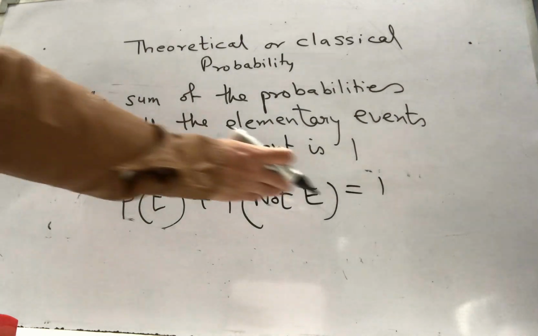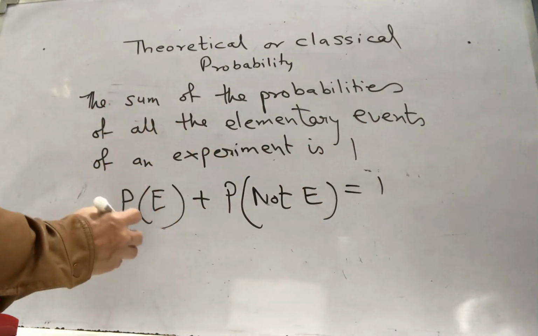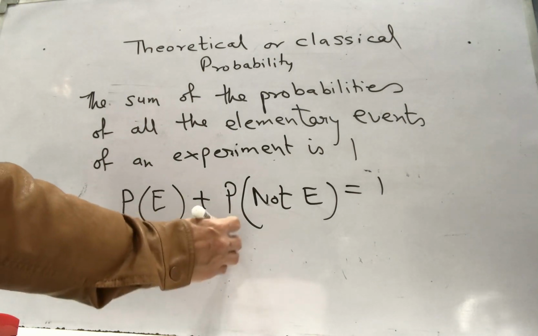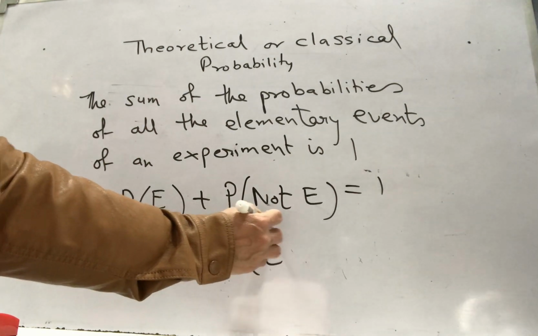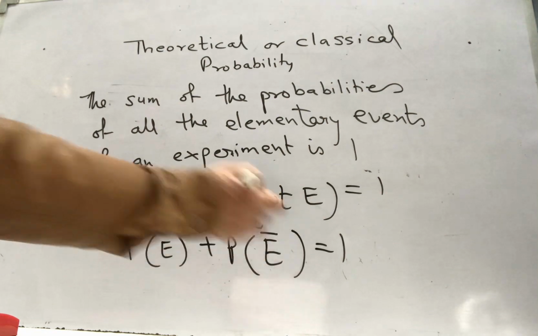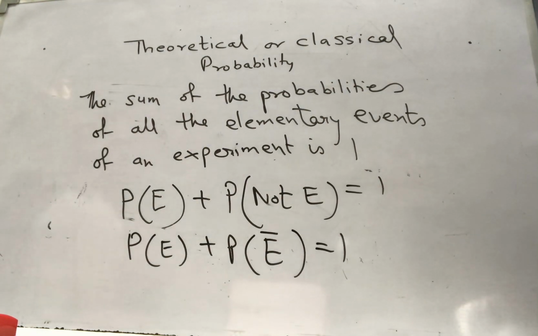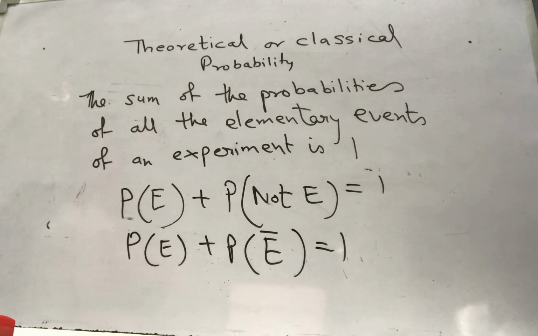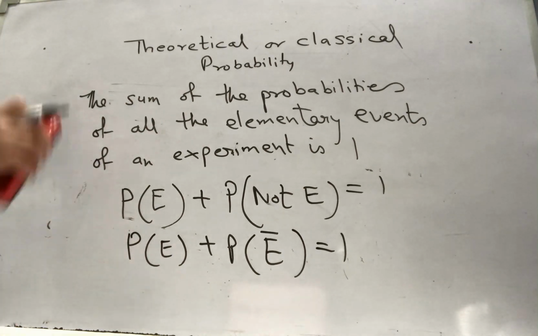And how do they write not happening of an event? As E bar on it: the probability of the event and the not happening of the event, the sum is always 1.